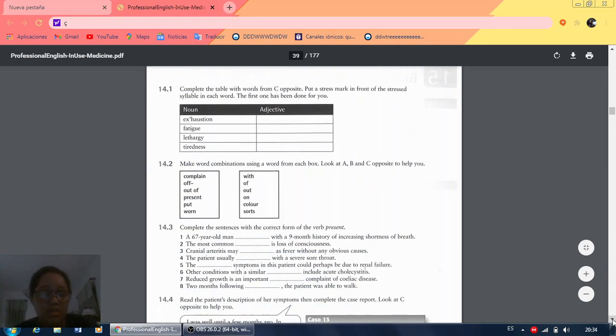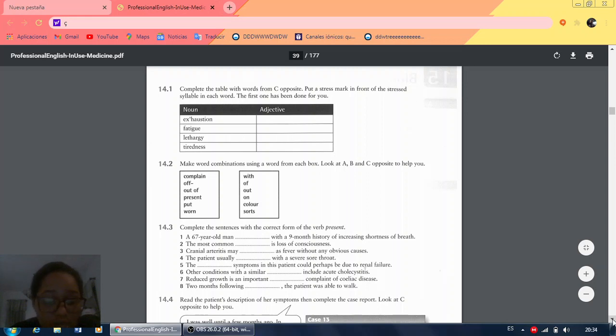This is the exercise. Complete the table with words from C opposite. Nouns: exhaustion, fatigue, lethargy, weakness. Adjectives: exhausted, fatigued, lethargic, weak.